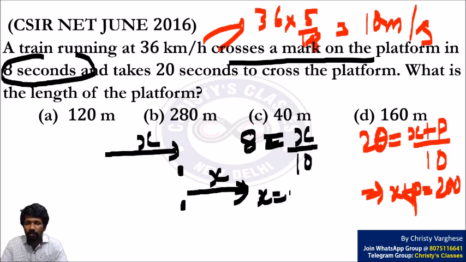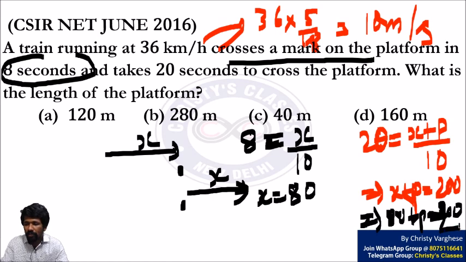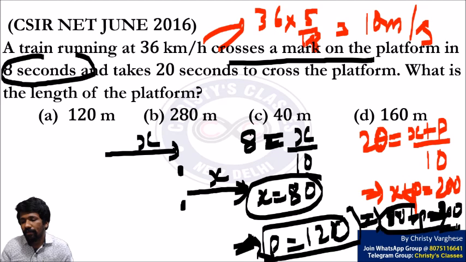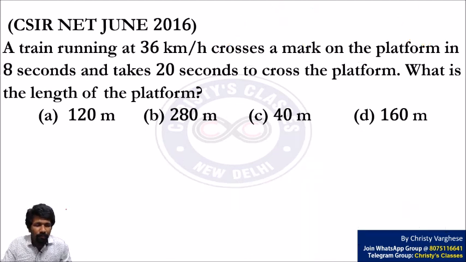So cross multiplying you will get x equal to 80. x equal to 80 means substitute it in the first equation. 80 plus p is equal to 200, means p is equal to 120 you will get. Platform length will be 120, by x equal to 80 and the first equation we formed. I hope that is clear to all of you. That is one way of doing it, and I will tell you a faster way of doing it. Anyway, 36 km per hour is 10 meter per second.